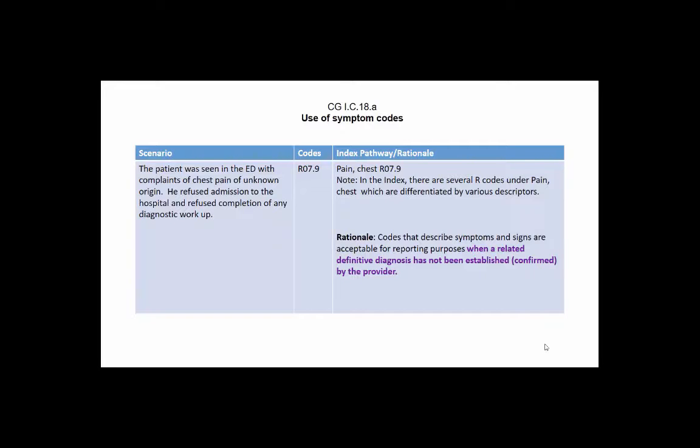But when you're just given something like this, chest pain of unknown origin, you would choose the R07.9. And the rationale for this particular scenario would be a code that would be used when a related definitive diagnosis was not confirmed by the provider.